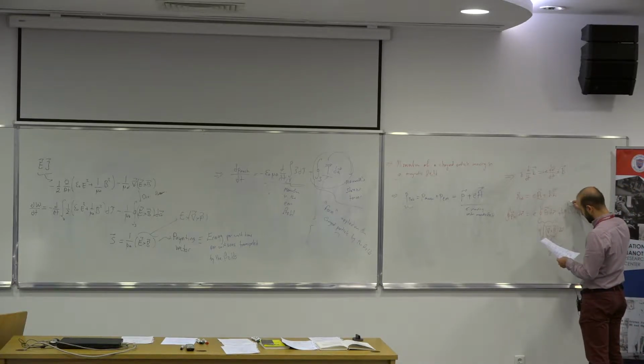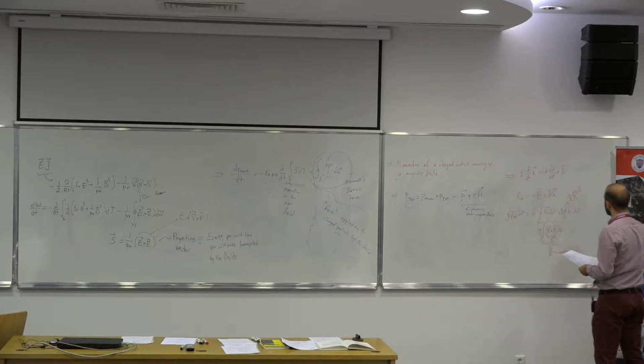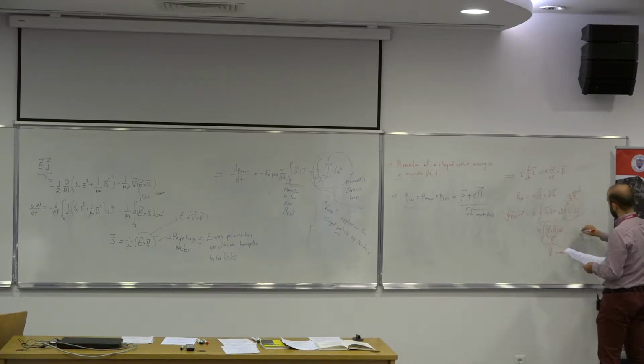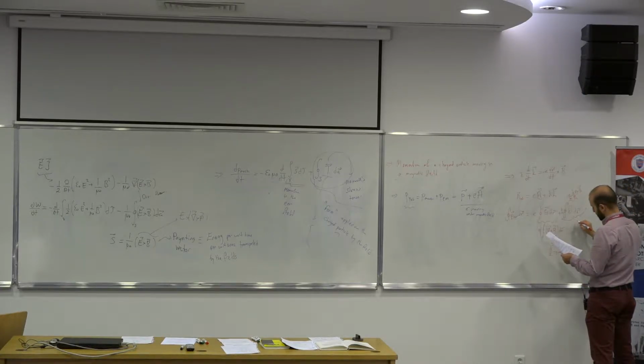Then I can do a similar trick to this term. So instead of K, I'm going to have minus E over H bar d by dt of R cross B. So for this expression, I'll end up with something like this. Now again, I have to use vector calculus.